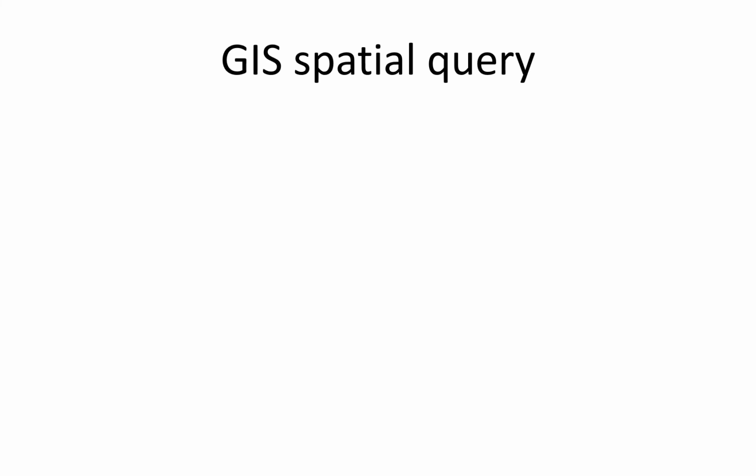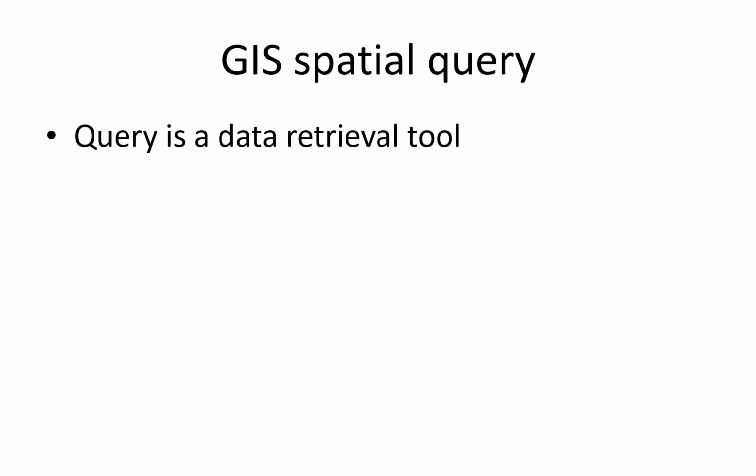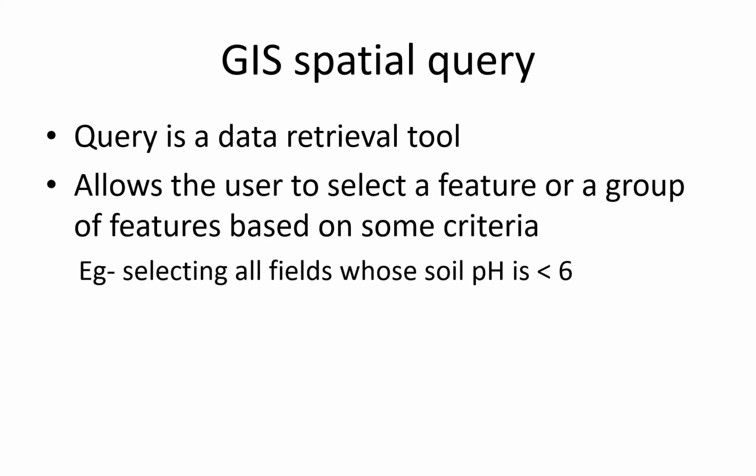Associated with the GIS data analysis is another important aspect, and this one is what we call GIS spatial query. So we say that query is a data retrieval tool, and it allows the user to select a feature or a group of features based on some criteria.